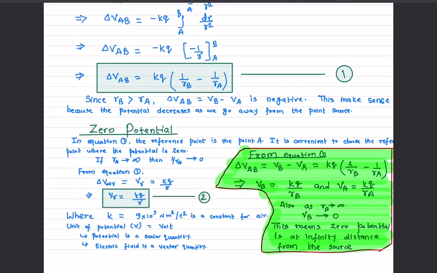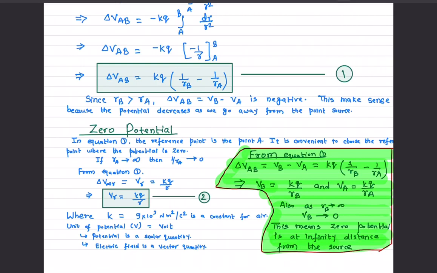Now I'm going back a little. Let's start from this equation again. Here, delta V_AB, that means VB minus VA, is equal to KQ times 1 over RB minus 1 over RA. If you look at this equation, VB has to be equal to this term here, and VA has to be equal to KQ over RA.